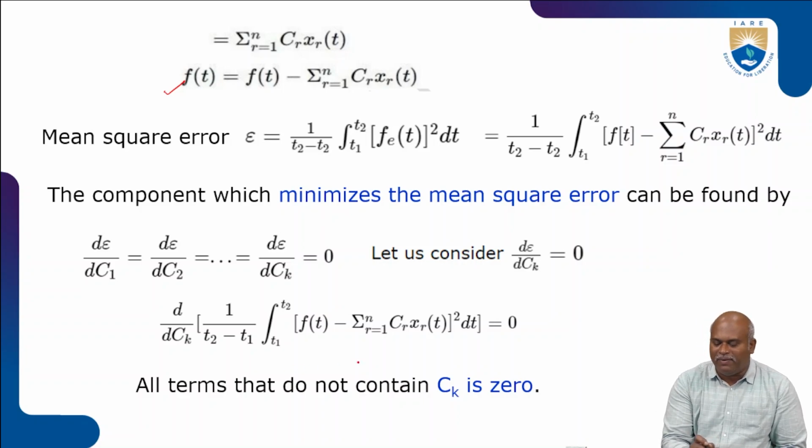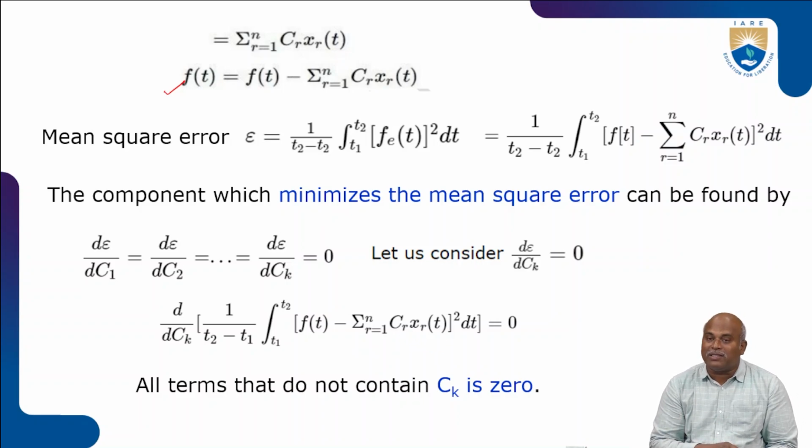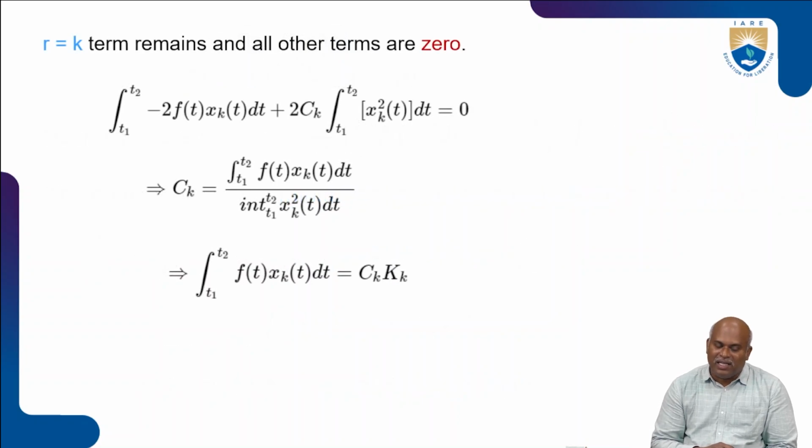Then we apply the differentiation to this equation. Where ck is present, it is possible to have the differentiation. All terms that do not contain ck are 0. For the r equal to k condition, all the remaining orthogonal terms are 0.